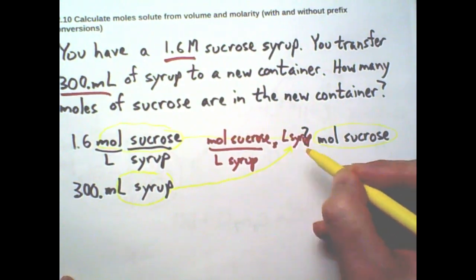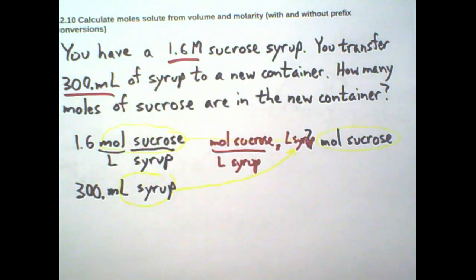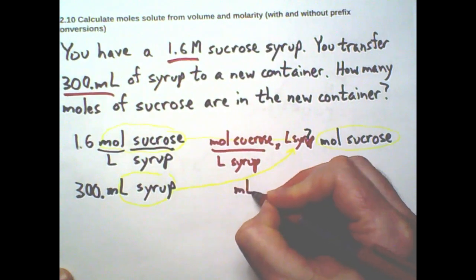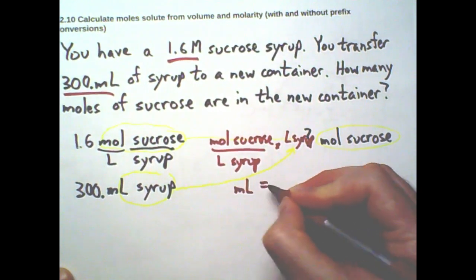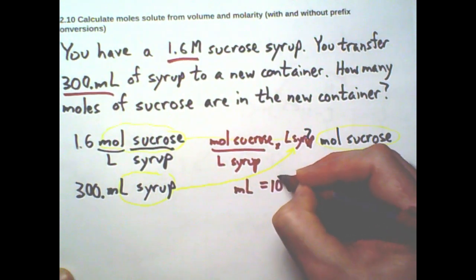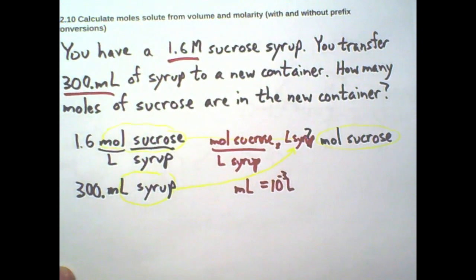So that can go in there. But I got to get rid of the milli first. So I need a conversion factor. I need to know how milliliters and liters relate. And you can look that up on your quick reference sheet, where you should have milli is 10 to the minus 3. Now this can become a conversion factor.